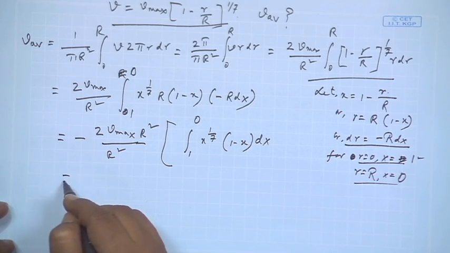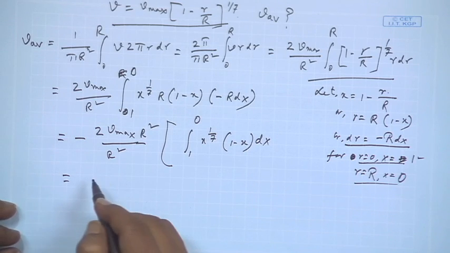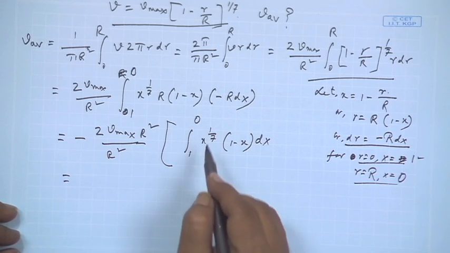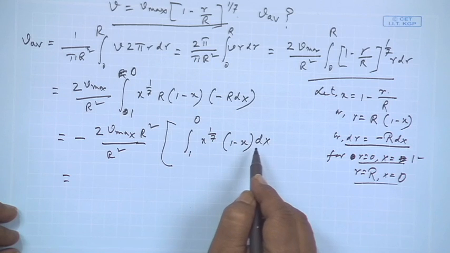That means we can write this as minus 2 V max R square by R square, integral from 1 to 0 of x to the power 1 by 7 times 1 minus x dx.